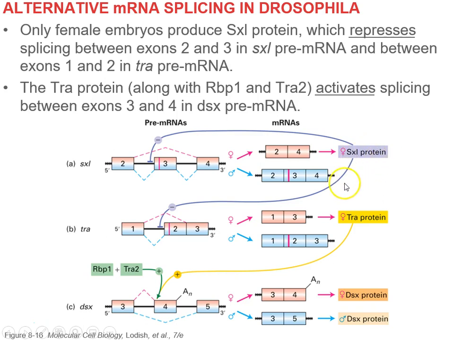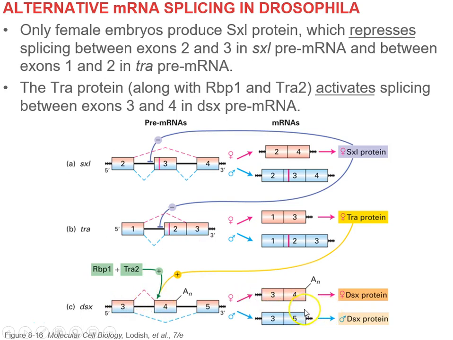But the SXL in females then acts as a repressor for the TRA protein and also leads to exon skipping. So in the female, you go from 1 to 3, and then this is the female TRA protein. That doesn't happen in males, so you get a different kind of protein. The TRA protein then, along with RBP1 and TRA2, acts as an activator, and this activates splicing here.